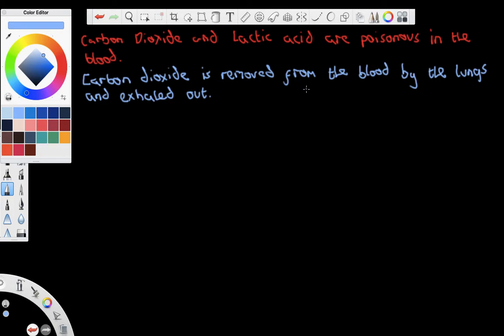However, lactic acid is a bit more of a difficult one. Okay? Lactic acid has to be taken to the liver where it's added to oxygen to break it down.